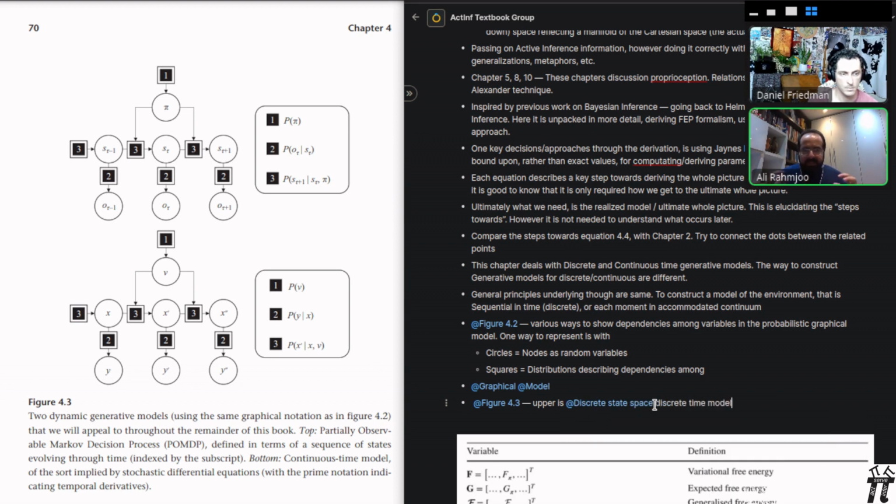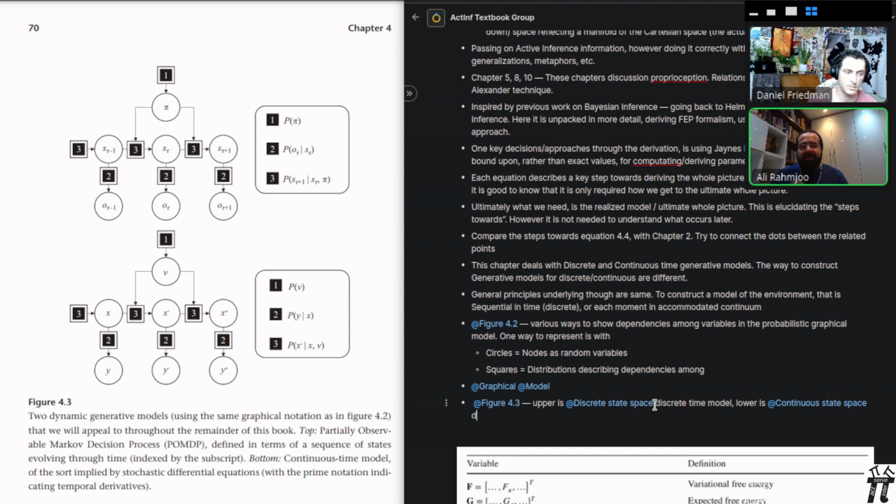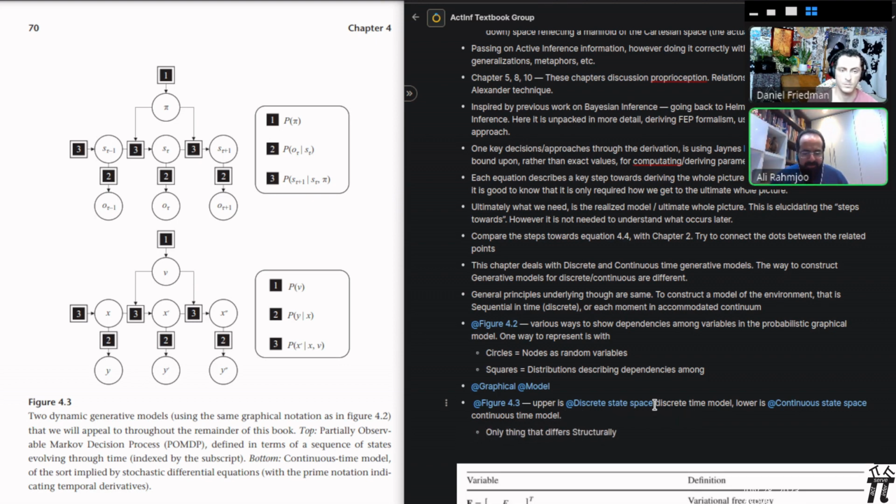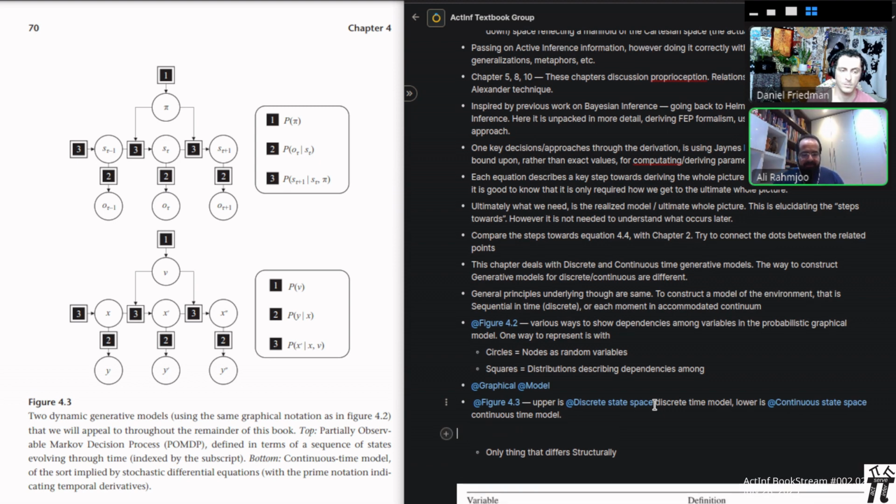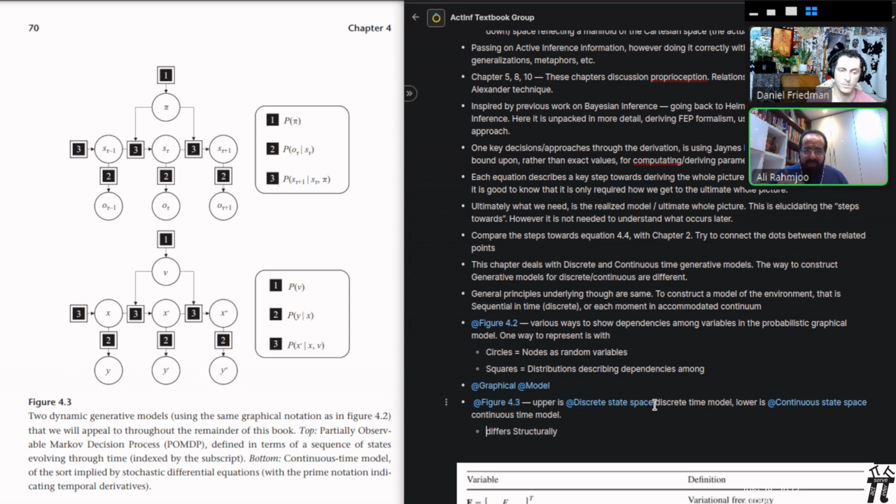As we can see, the general topology of these models is the same. The only thing that differs is the use of parameters for discrete time policies or the continuous time ones. And we can compare the different elements for both priors, states, external states, internal states, and so on by comparing these two models here.